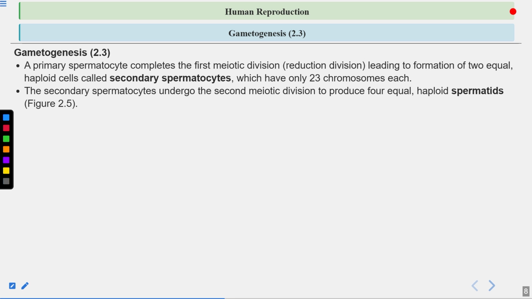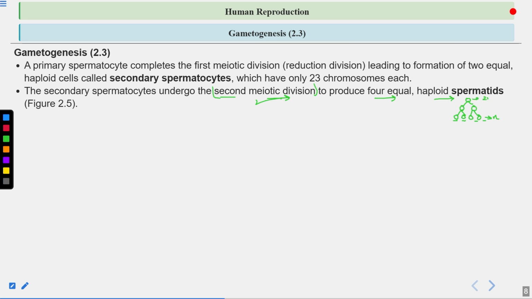Now secondary spermatocytes undergo second meiotic division, means meiosis 2, to produce 4 equal haploid spermatids. So there were two secondary spermatocytes, formed from this primary spermatocyte, and then after meiosis 2, 4 spermatids will be formed. These spermatids will also be haploid because meiosis 2 is the same as mitosis.